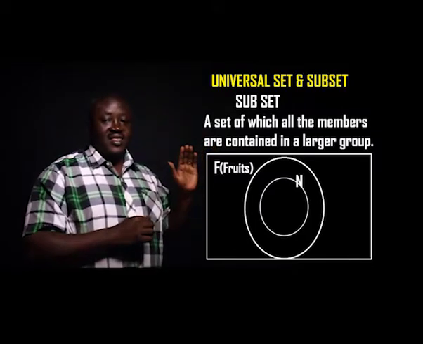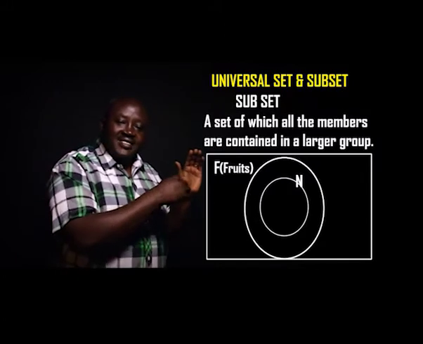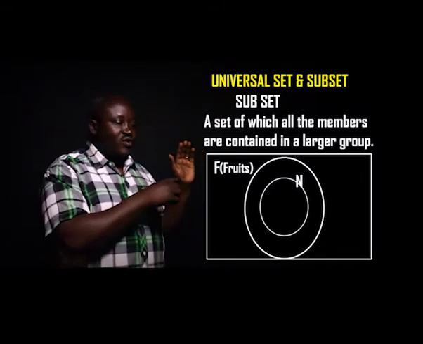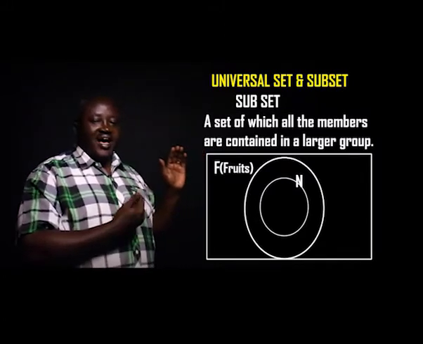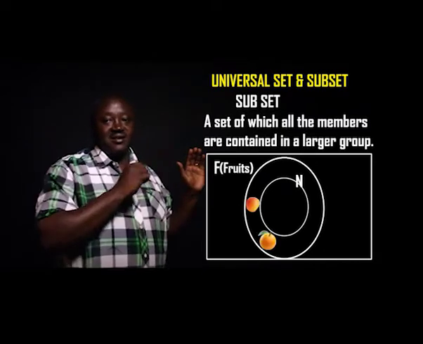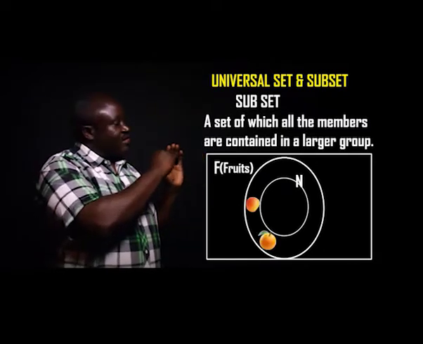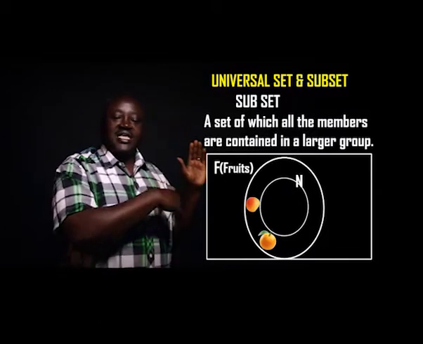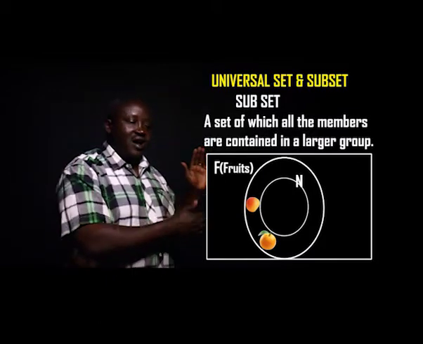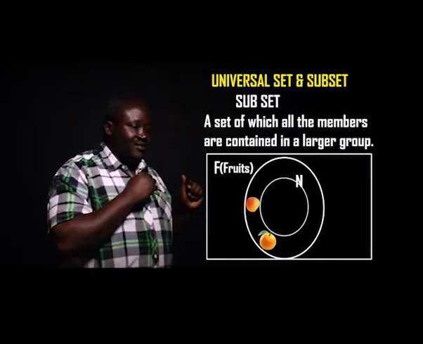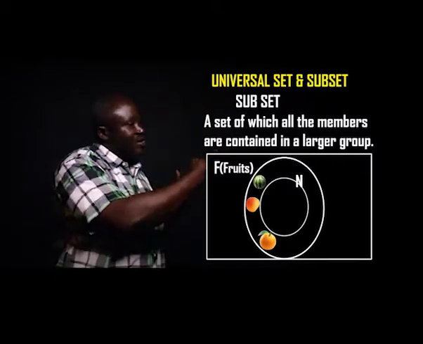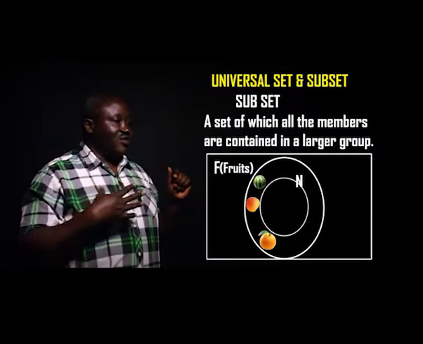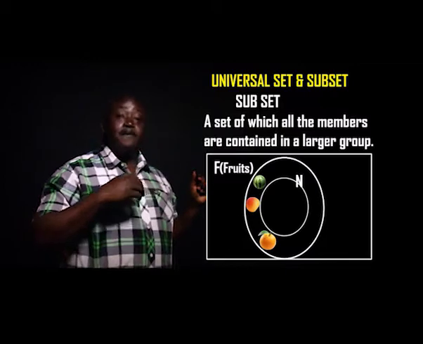Now, the inside subset, you can call maybe N. In the bigger set, you can have oranges, melon, pineapple.